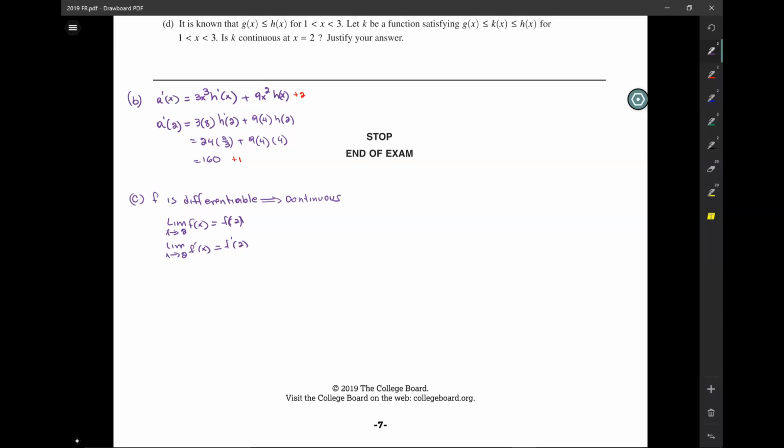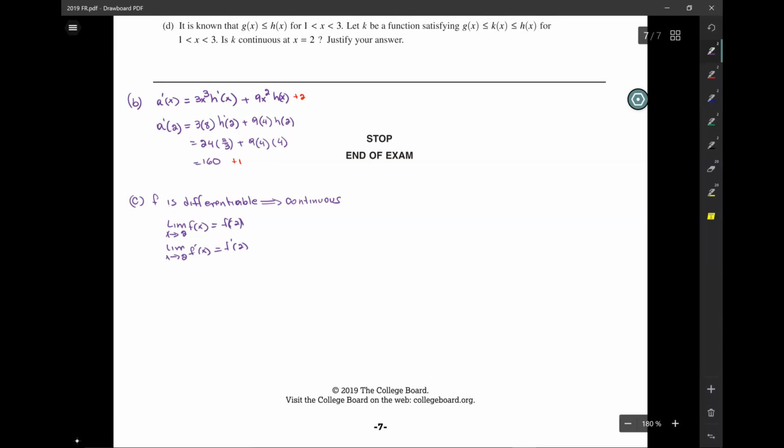So now let's apply L'Hopital's rule. The limit as x approaches 2 of x squared minus 4 over 1 minus f of x cubed is equal to, using L'Hopital's rule, the limit as x approaches 2 of 2x, and then the 1 goes away here, and I have negative 3 f of x squared times f prime of x.